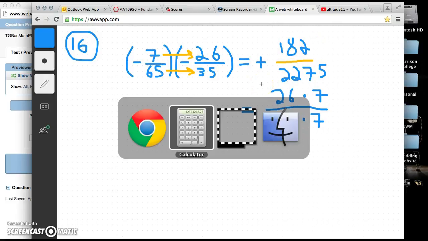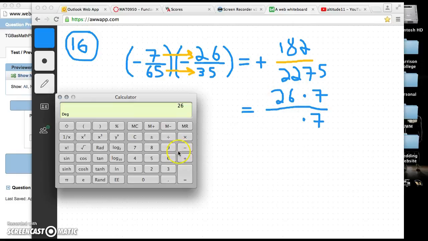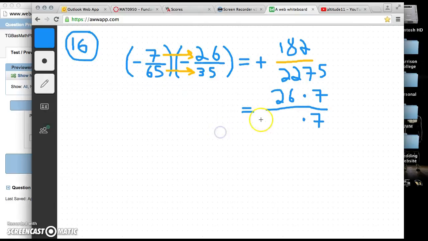And now in our denominator, we had 2,275. We can divide that by 7, and we get 325. So 325 times 7 is 2,275. Remember, if you can ever take out a common factor, those factors cancel.